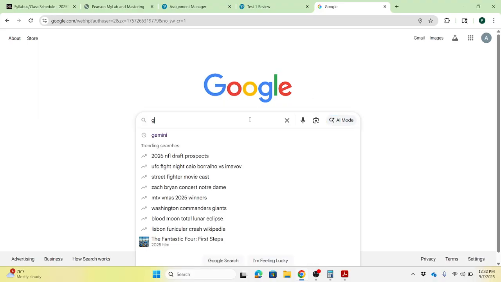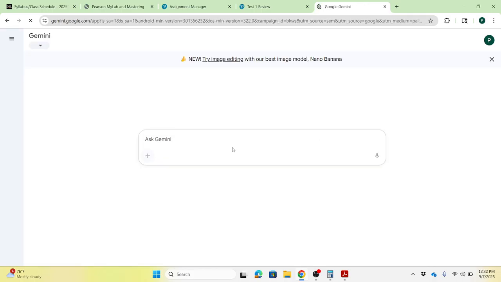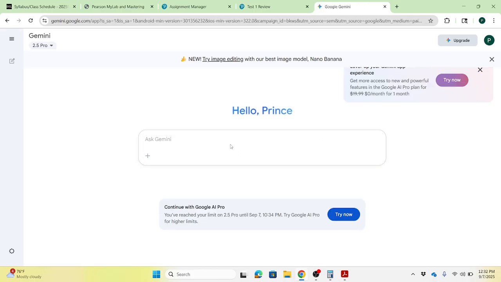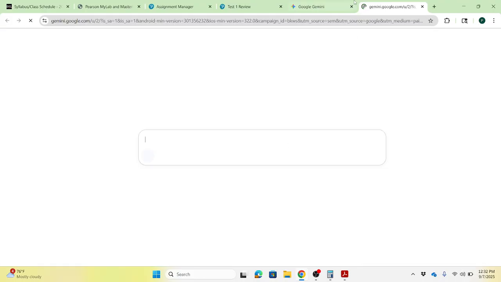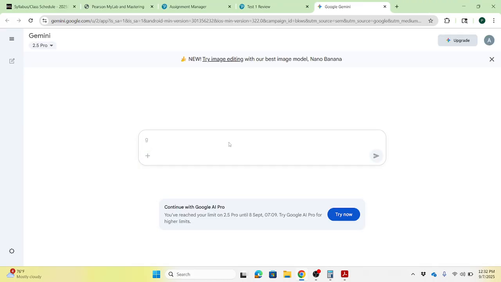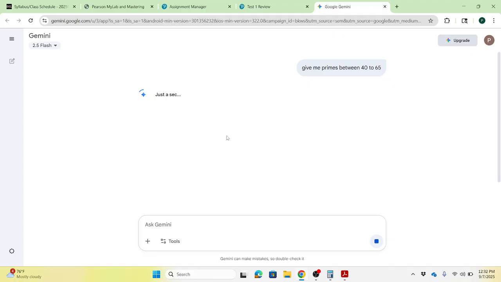Let's say I'm going to use Gemini here. Give me primes between 40 to 65.